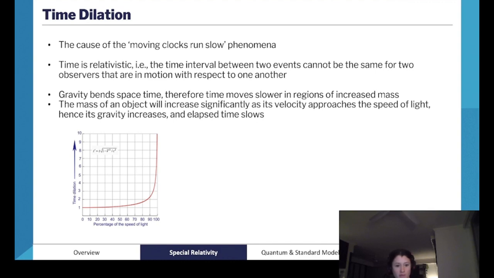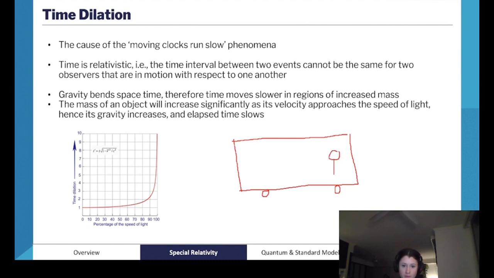So, a classic example of this is the light bouncing between mirrors. So say we have a train, right? A person is on the train, and the train is moving in this direction at 0.95 of the speed of light.